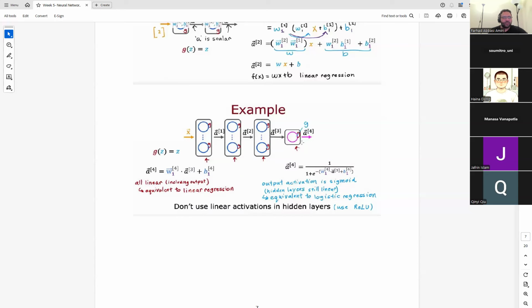If your neural network is equivalent to linear regression or logistic regression, what's the point of using a neural network? That's why the most important advice in this session is don't use linear activations in hidden layers. Instead, use ReLU activations for hidden layers.